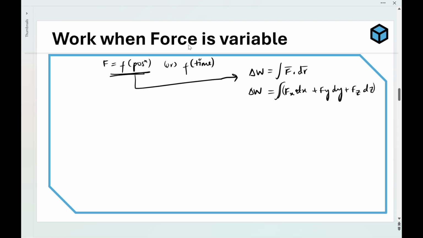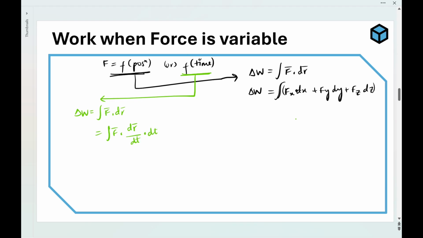Now for force which varies with time, we have delta W is integration of F dot dr bar. Next, what we have to do is multiply and divide with dt. So dr bar by dt into dt.